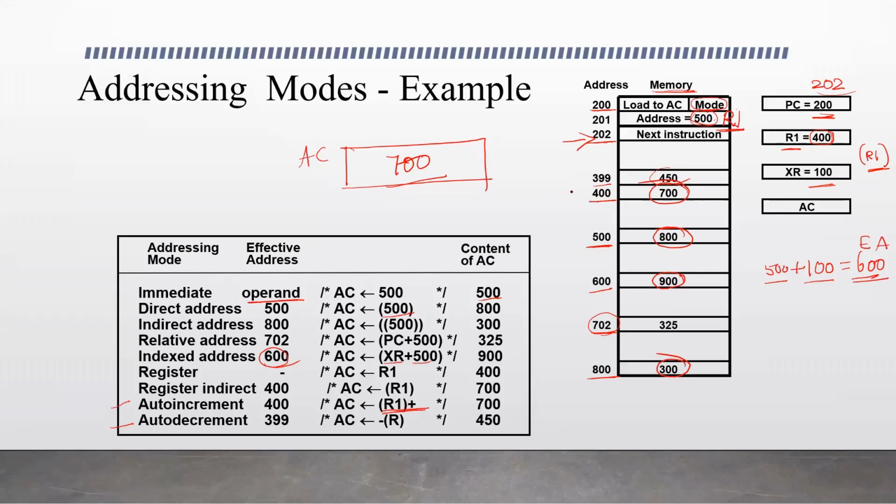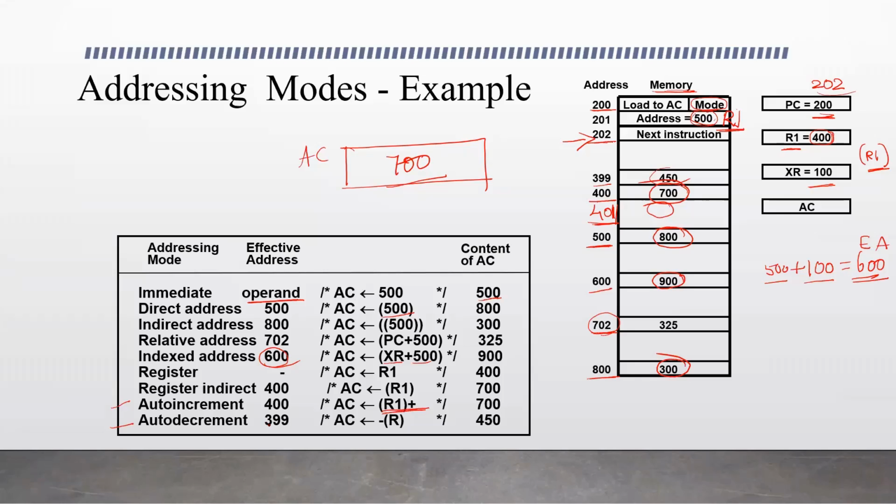After the execution, the address will be 401. The address gets incremented after execution. So first 700 is moved to the accumulator, and then it is incremented. So we will not have the content at location 401 in the accumulator. We will have the content that is in 400, because the increment is done after execution.